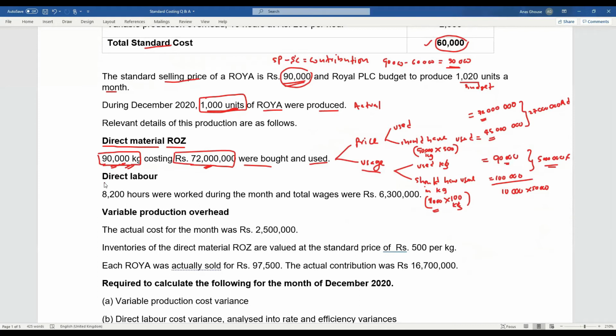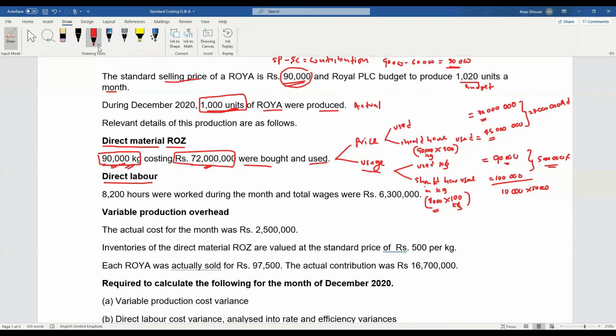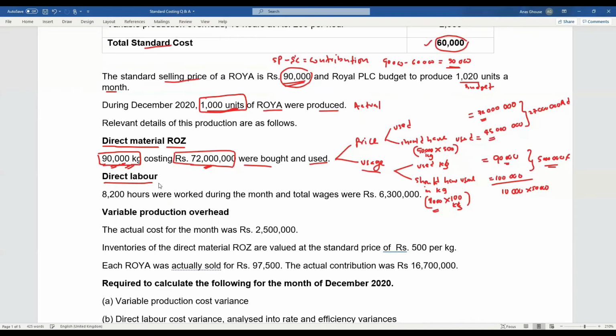Now let's move on to the other one, direct labor. 8,200 hours were worked during the month, and the total wages were 6.3 million. So even under direct labor, we need to calculate two types of variances: rate variance and efficiency variance.